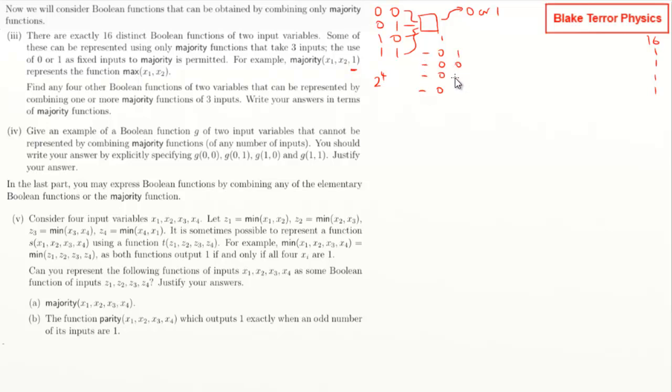We could have 1, 0, 0, 0, 0, 1, 0, 0, 1, 1, 0, 0. We're just counting up here in binary, going all the way from 1 to 16. So they're our different distinct Boolean functions. And the ones they've given us already, the min and the max ones anyway, not the flip one, because the flip one only has one input, so it's not one of these options.